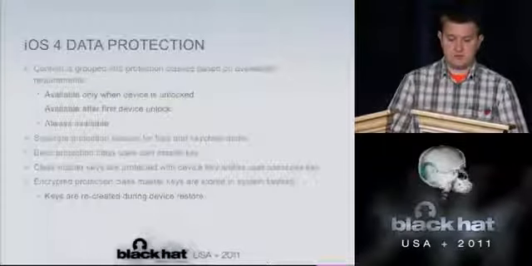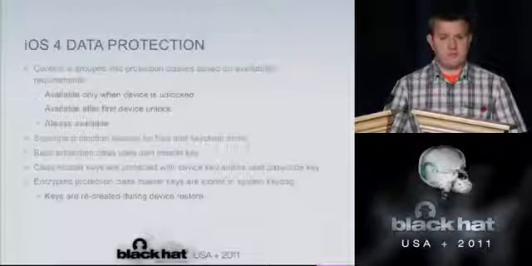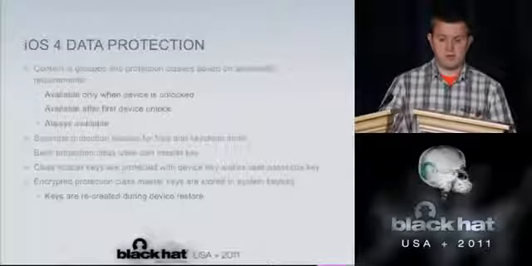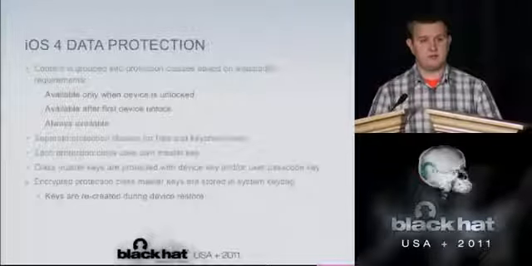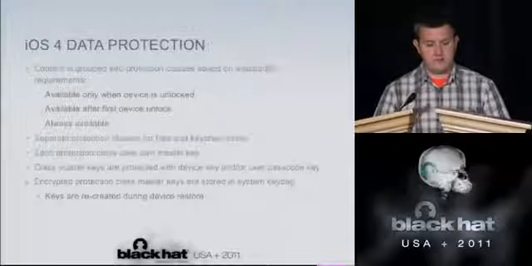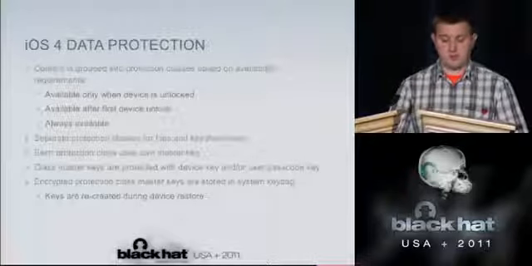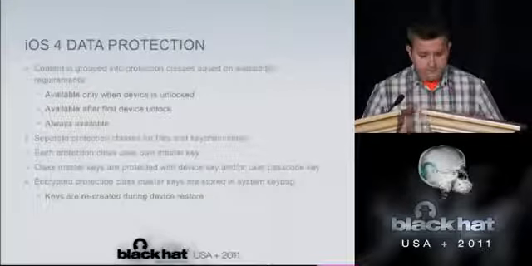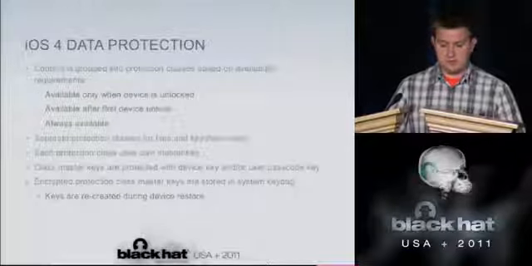Those accessibility domains are: data available only when the device is unlocked; data available only after the device was unlocked for the first time, which remains available until the device is switched off or reset; and data available at all times, no matter whether the device is locked or unlocked. So there is a content protection class for all of these accessibility domains.